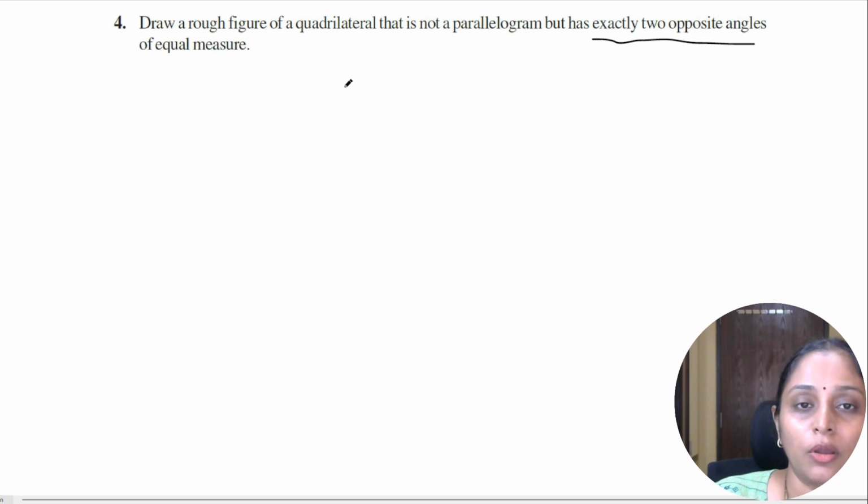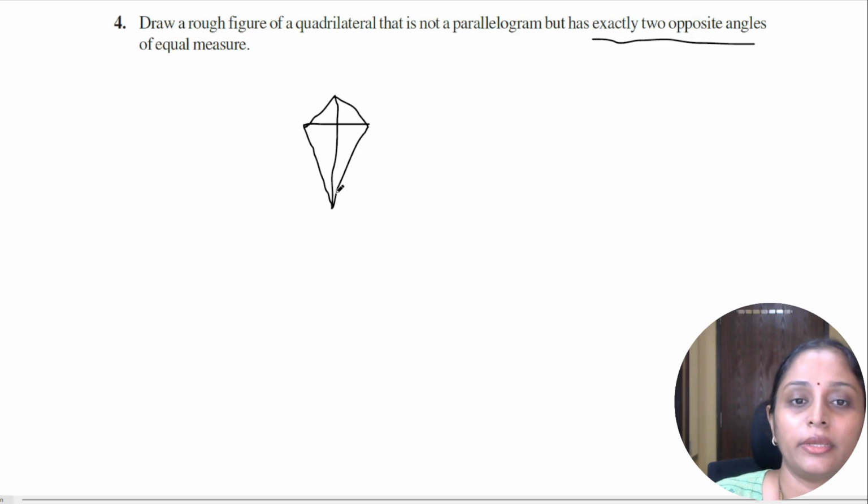If you can recall, we have looked at the kite, right? And in a kite, we know, what is a kite? We looked at a definition that a kite has one diagonal as its line of symmetry, right?